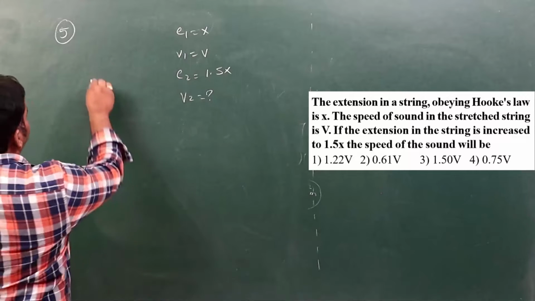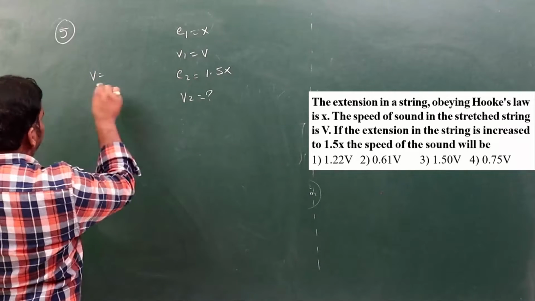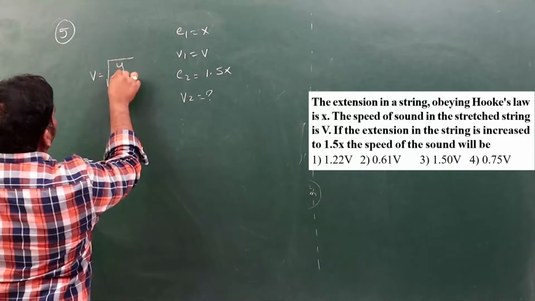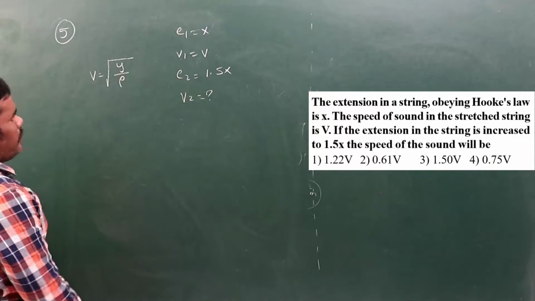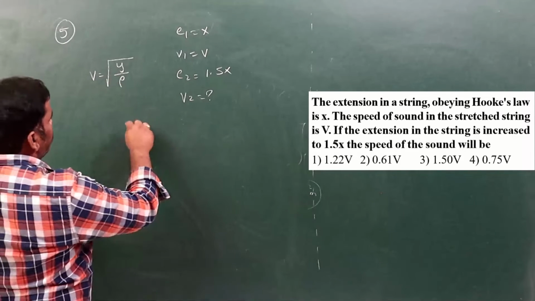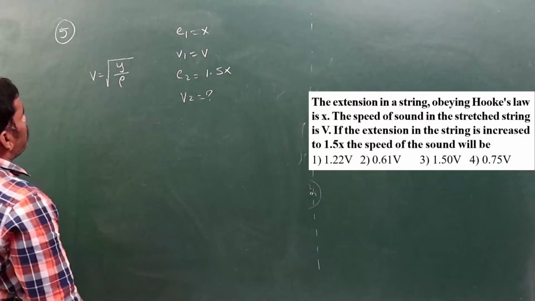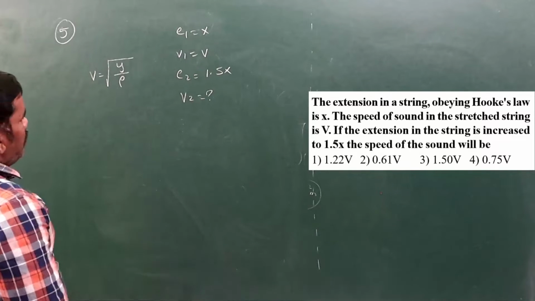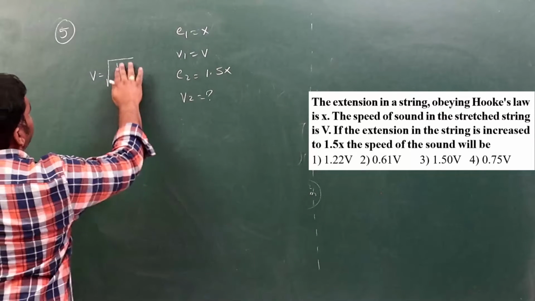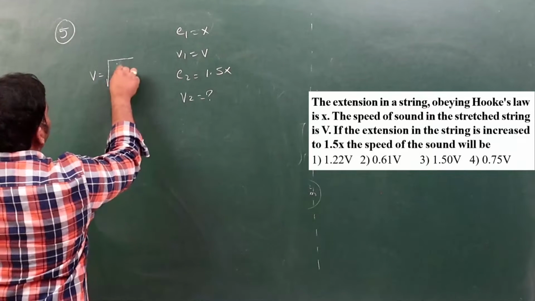So we know that the speed v is equal to under root of y by rho. Here, in terms of elongation, we know Young's modulus y is equal to FL by A Delta L, so F is equal to YAE by L. Speed of the wave v is equal to under root of T by mu.